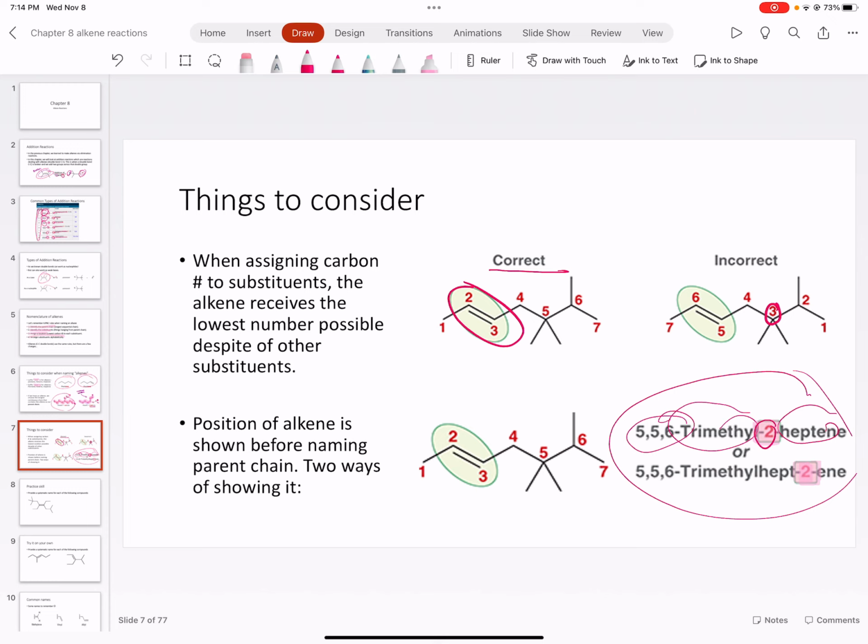I personally like this one better than the other one, but you can see that on a test or on a quiz, for example, it wouldn't really matter as long as you're able to properly name it, properly assign the number of the substituents, and identify your parent chain. You can do any of them. You can either put hep-2-ene or you can do 2-heptene.